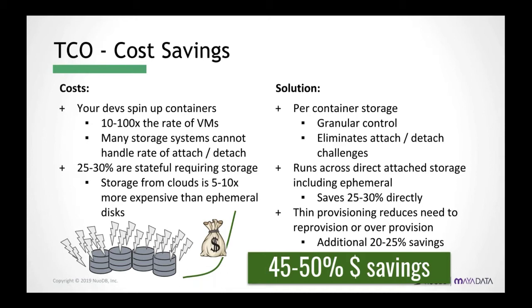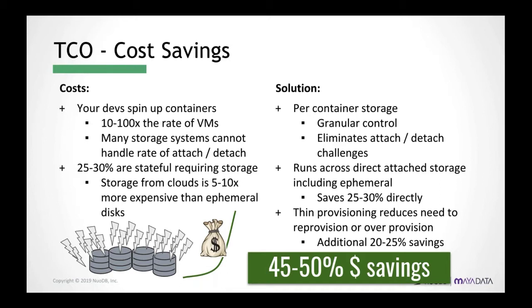Also, we know that almost 30% of stateful workloads require storage from cloud, and storage from cloud is 5 to 10x more expensive than the ephemeral disk. Even if you are running on cloud, instead of using EBS volumes, you can use the local disks and provide high availability through OpenEBS.